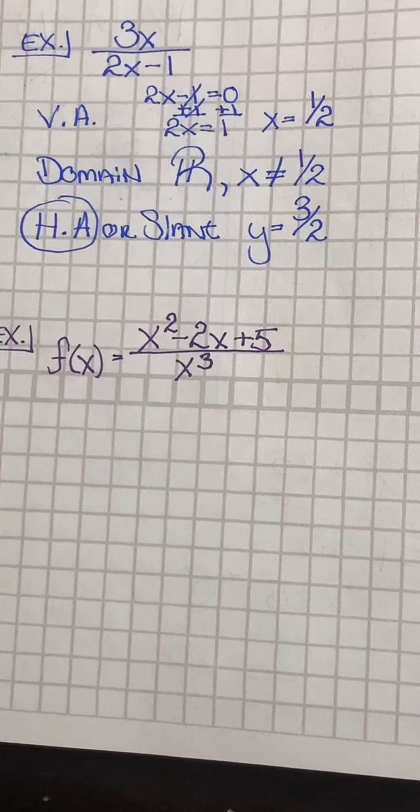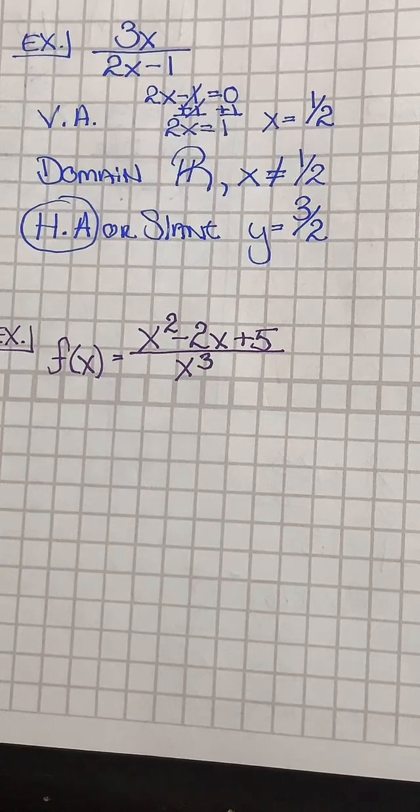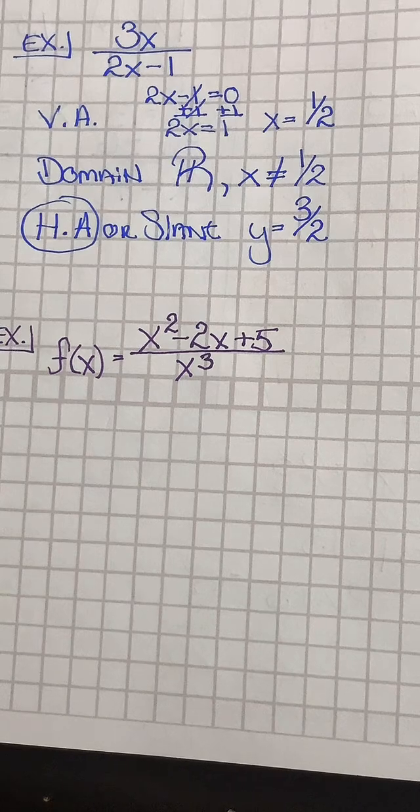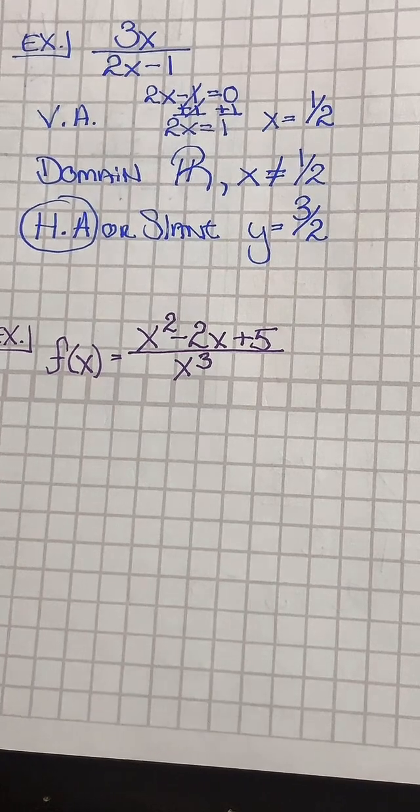The hole is where the asymptote line intersects the graph. I don't know if I want to say it that way, because if you have an asymptote, there is no intersection. So that's why I'm very hesitant to say that.